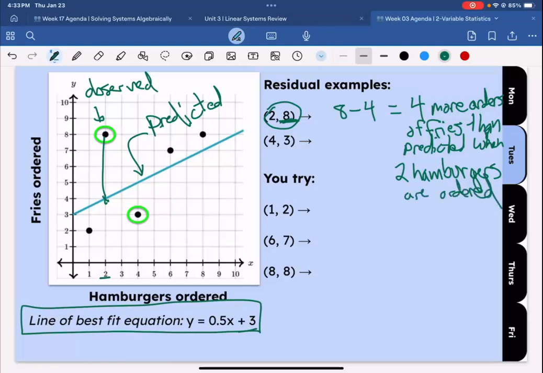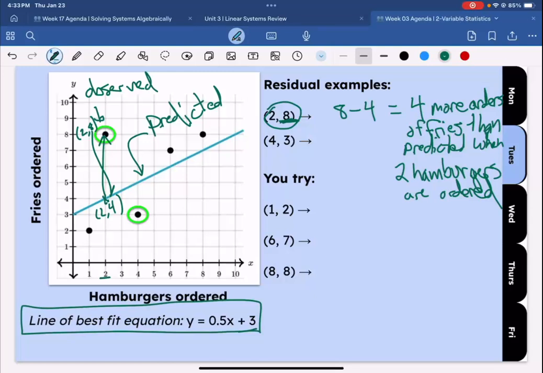And again, we found that by taking the difference in the y values. We had the 8 here, and we had the 4 here. So how do I get from 8 to 4? By subtracting 4. We dropped 4. Again, our residual being positive makes sense because we are above the line of best fit.